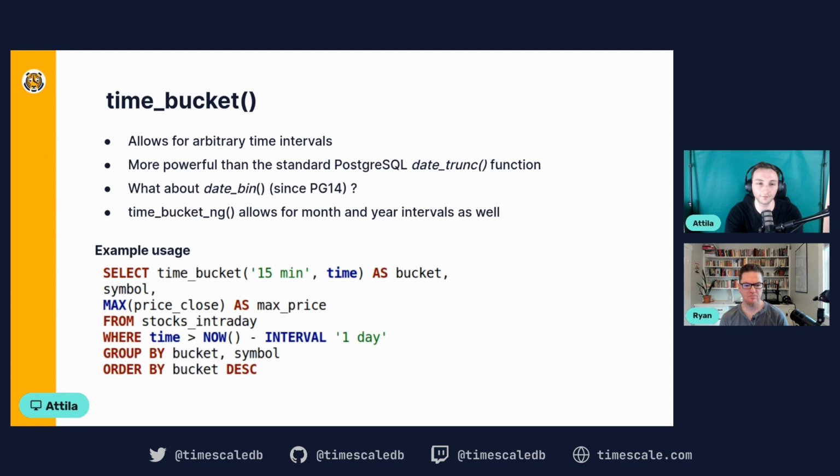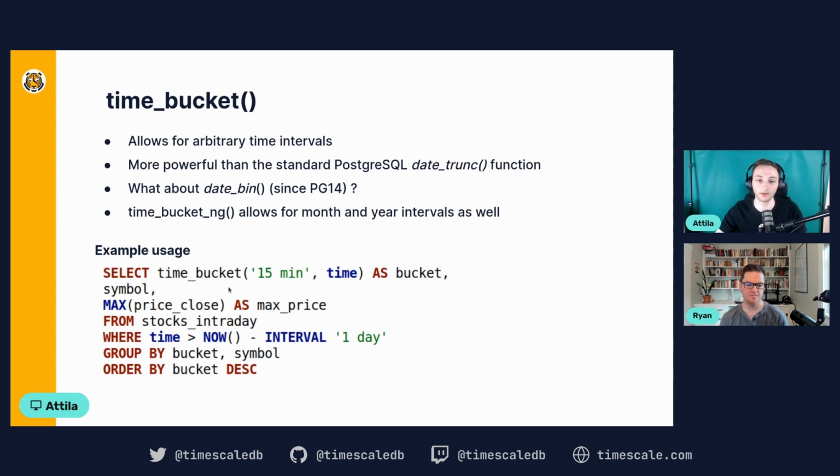So first of all, if you have never heard about the time bucket function, it's very similar to the standard Postgres function called date_trunc, but it's more flexible in the sense that it allows for arbitrary time intervals.